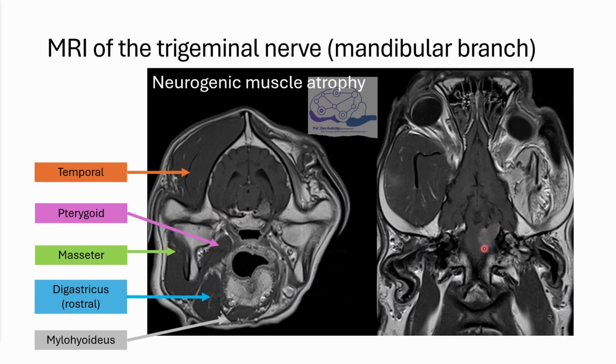Typical appearance of a nerve root tumour, which is often described as an ice cream on a cone appearance. So you see the ice cream there, and then the cone coming down like that, and that's the appearance that you will get with any nerve root tumour, like a nerve root tumour of the cranial nerve 8 as well.